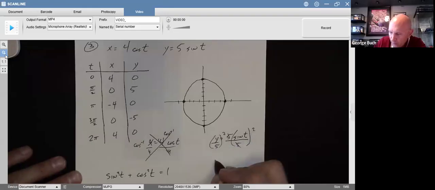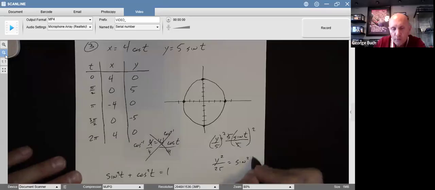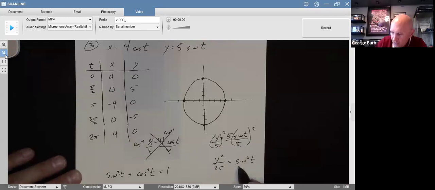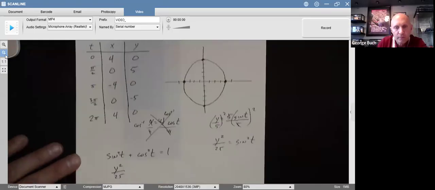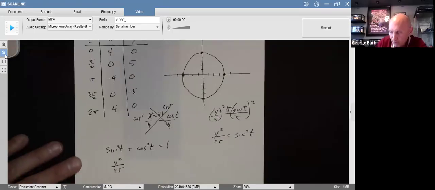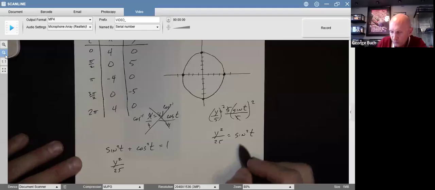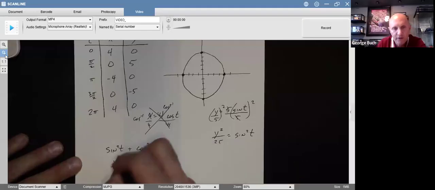Y squared over 25 is equal to sine squared of t. So if sine squared of t is y squared over 25, that's all I'm going to replace right here. Y squared over 25. Because by my conversion, sine squared is y squared over 25. So just replace it in the Holy Grail equation with that.